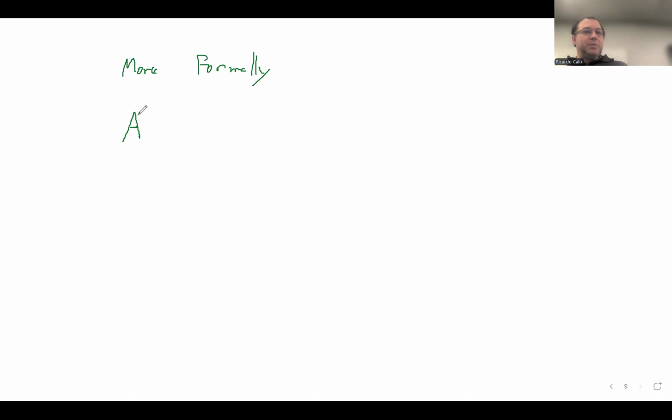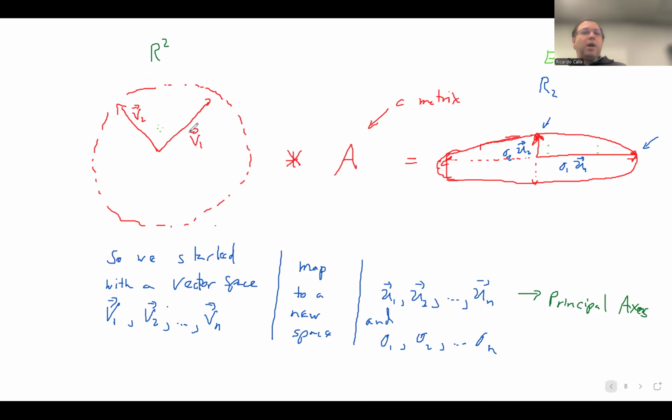We do a matrix multiplication times V1, I'm just taking one vector. And what does that produce? O1, U1, right? So I'm saying I take A times V1 equal U1 times O1. Then I can take A times V2, and that produces U2, O2. Do you see that? And this is how I can create new vector spaces.